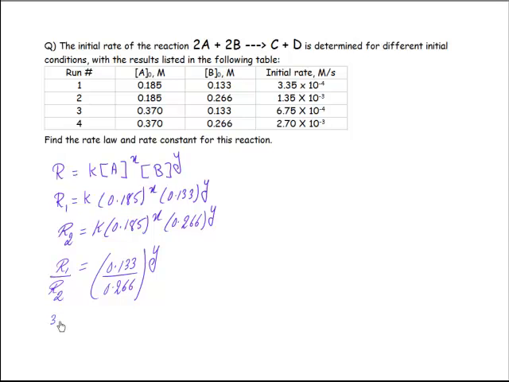Now R1 is 3.35 into 10 to the power minus 4. R2 is 1.35 into 10 to the power minus 3.